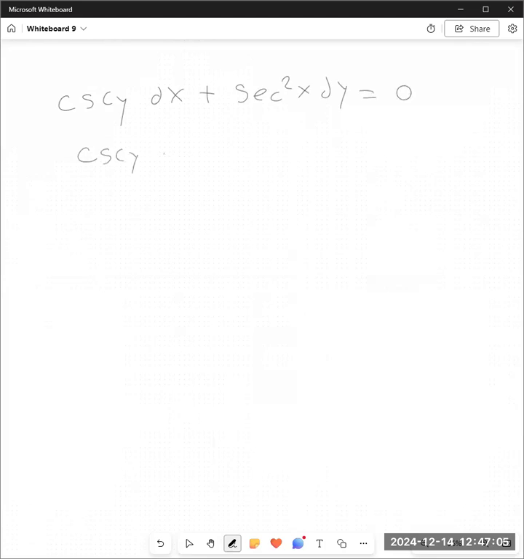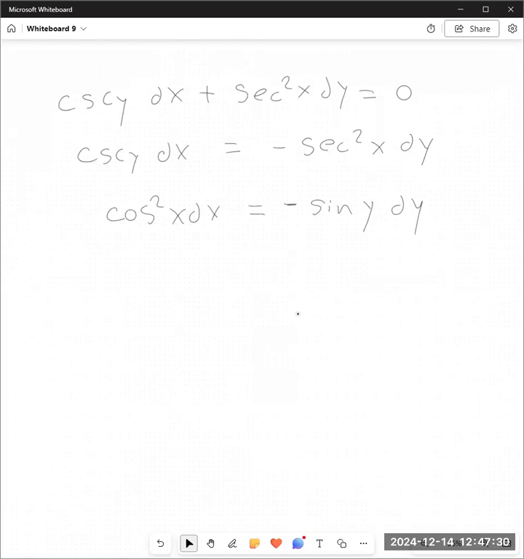Cosecant y dx is equal to a negative secant squared x dy. Bringing these secant squareds over, this becomes cosine squared x dx. Bringing this cosecant over, this becomes, there's a negative sign over there, negative sine y dy.